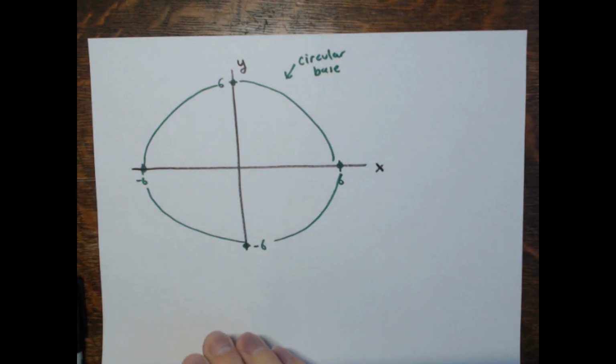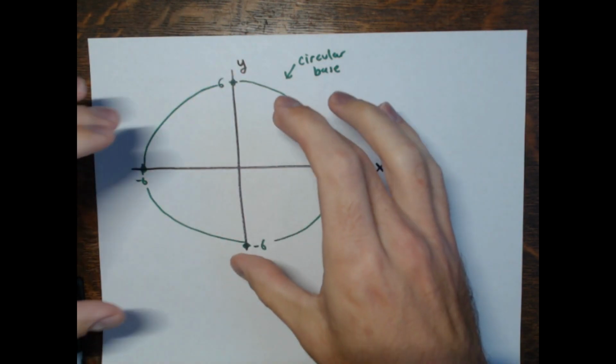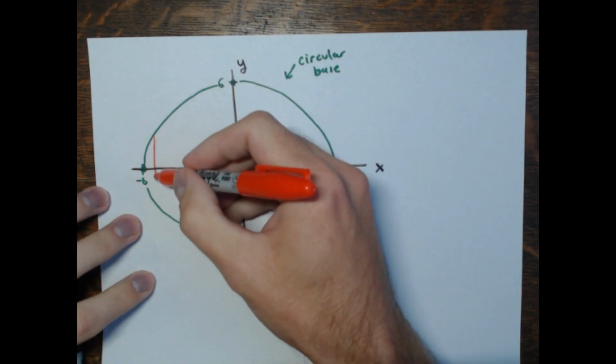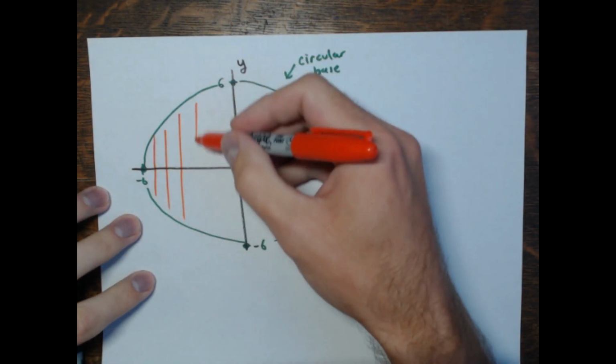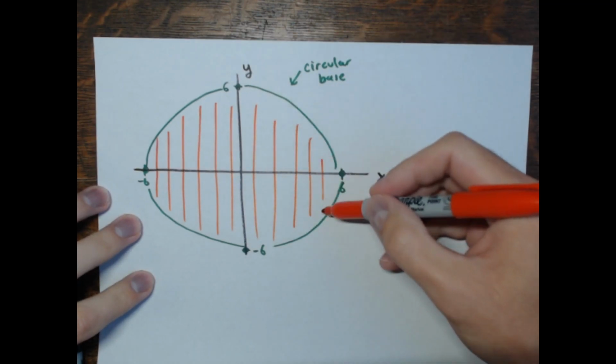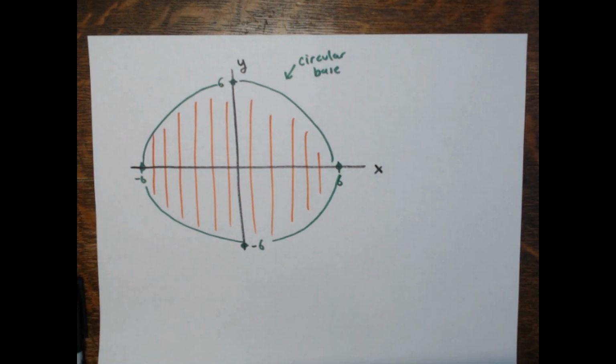All right, and again, you got to imagine some 3D figure popping out at you with this base. And we're making slices perpendicular to the x-axis again. So here's the base. I'm just going to kind of shade it in. There's the base of this 3D figure. And we're making slices perpendicular to the x-axis once again.